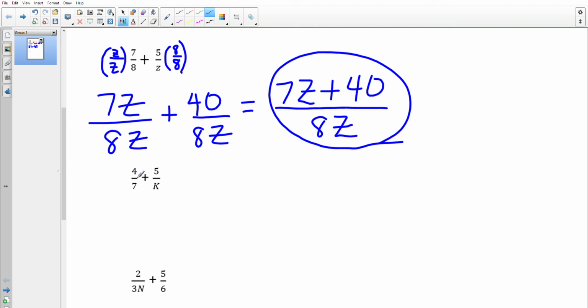Next, I have 4/7 plus 5/k. I need the denominators to match. So I'm going to make my common denominator 7k. So I multiply the first fraction by k/k. And I multiply the second fraction by 7/7.